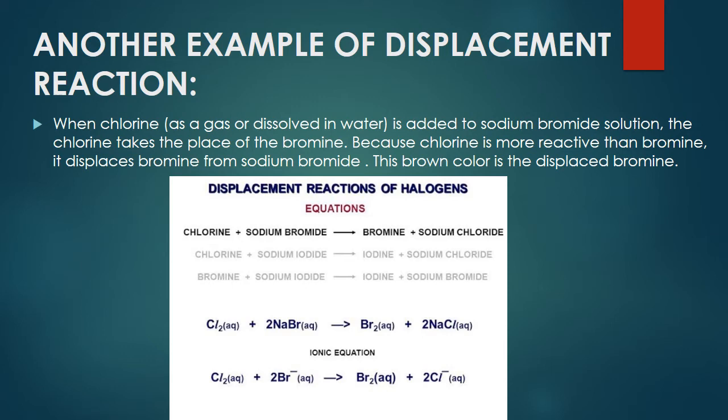The chlorine takes the place of bromine. Why? Because the negatively charged bromine will lose its electron towards the chlorine, as chlorine can attract the electrons more strongly. So the negatively charged chloride will then take the place of bromide ions. Is it clear? Because chlorine is more reactive than bromine, it displaces bromine from sodium bromide.